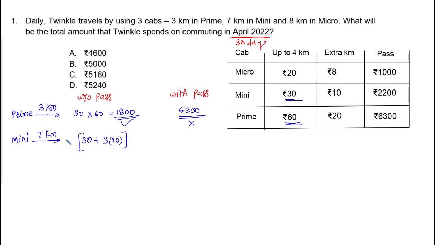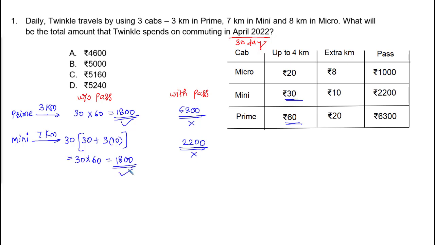There are 30 days in total, so we need to multiply this by 30. So this is going to be how much? 30 into 40, 1 second, 30 into 60, sorry. That is equal to 1800 rupees. If Twinkle purchases the pass for the mini cab, it will cost 2200 rupees everyone. So she will not purchase the pass here. She will pay kilometer wise.